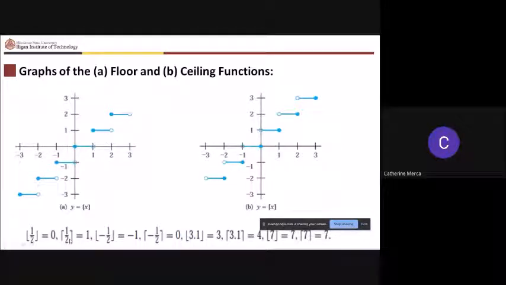Nga naman, you have from these values here. Ang 1/2, di ba kanina ang 1/2 yan. So, if that's 1/2, ito ang 1/2 ninyo. The floor function of 1/2 is actually equal to 0.